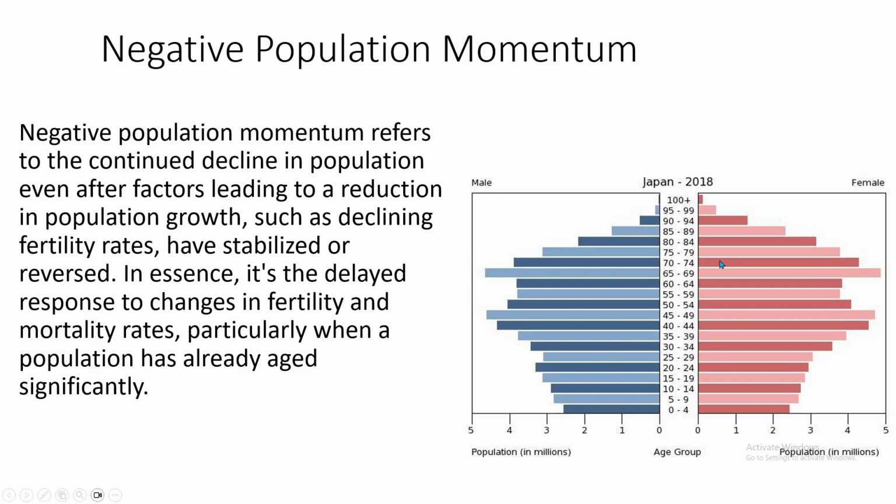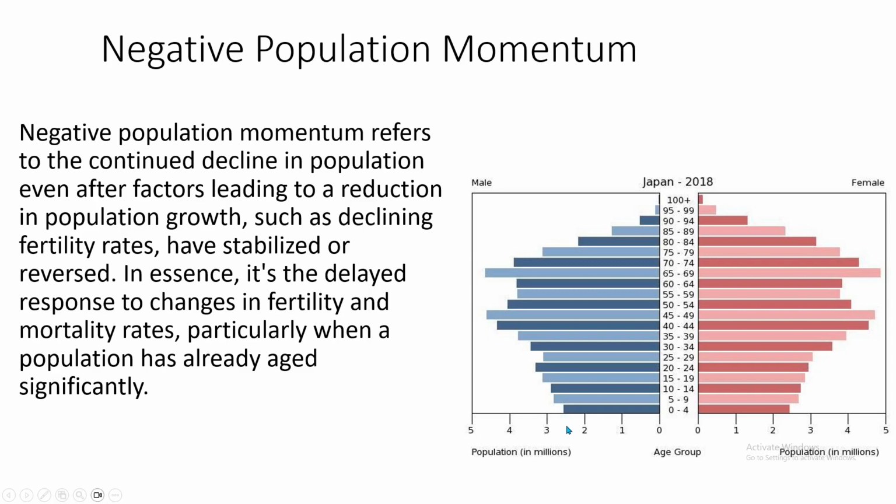Because they have so many old people, and they don't have as many people in the reproductive ages, even if they were to increase their fertility rate, their population wouldn't increase because there would be more people dying, because this population is so old, than people being born.